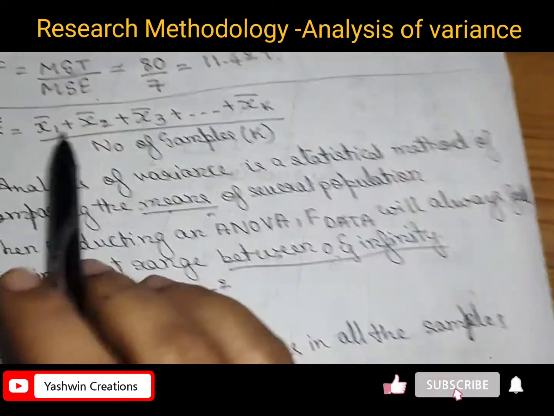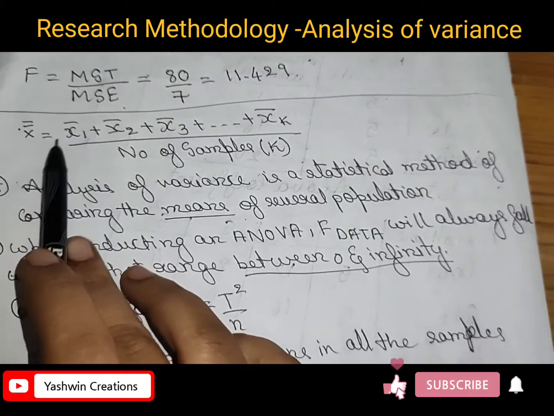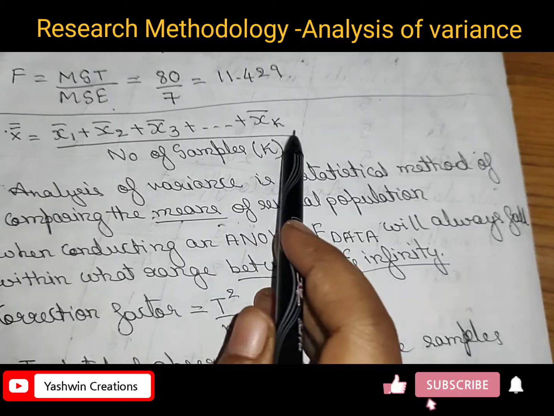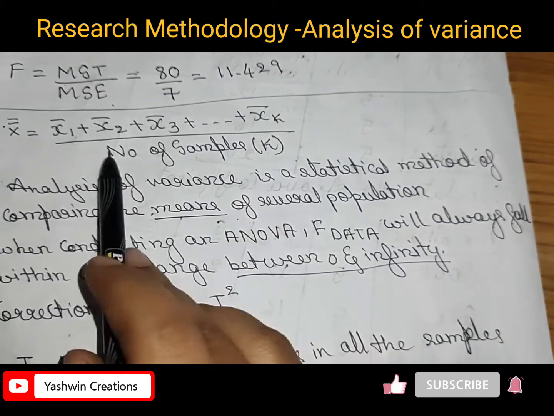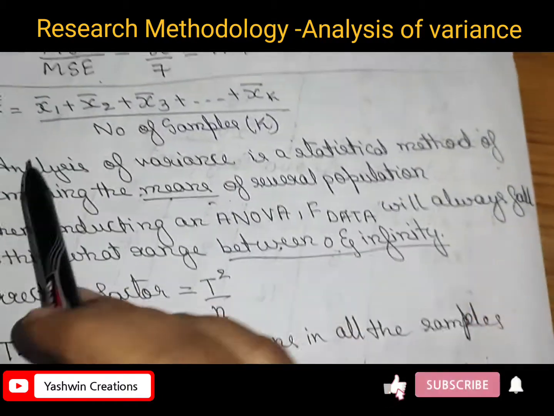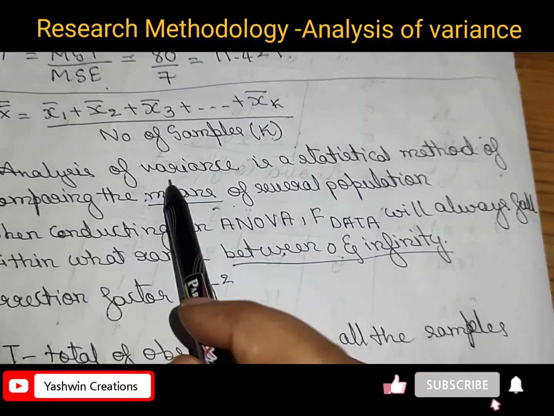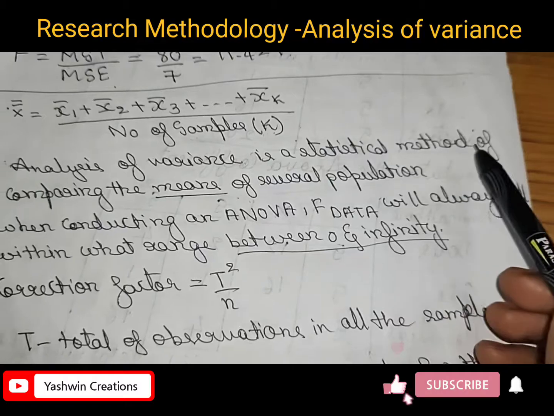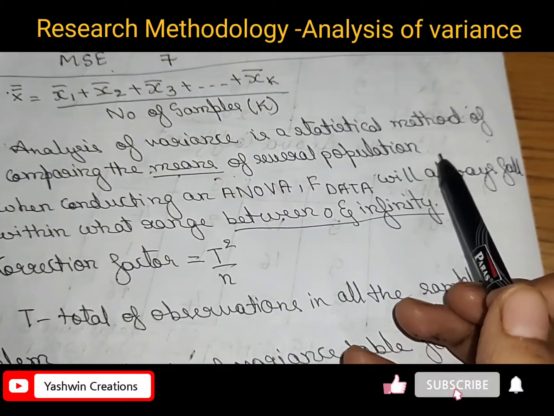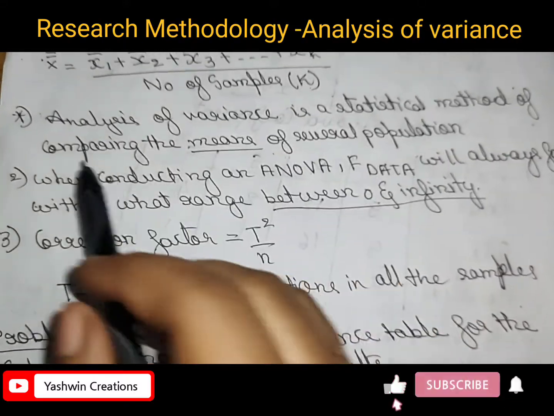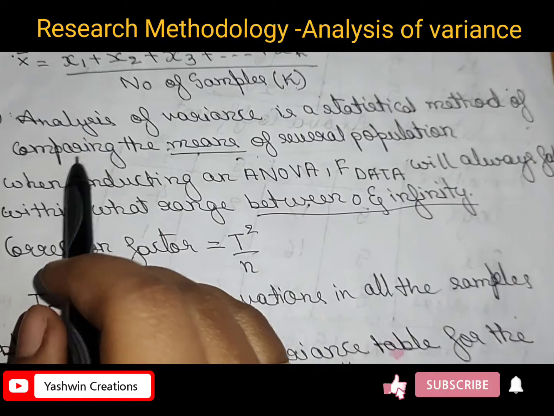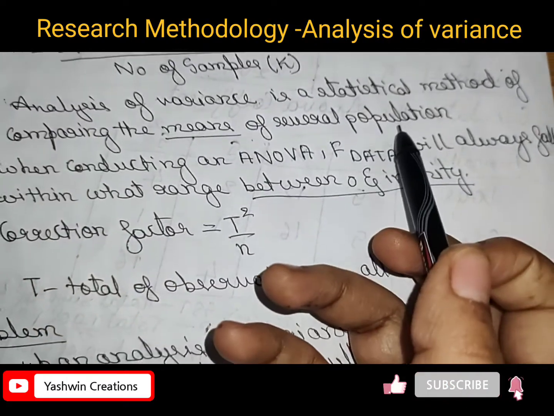Some other formula, that is x double dash means x1 dash plus x2 dash plus x3 dash and so on till xk dash, divided by the number of samples, that is k. And the next one is, analysis of variance is a statistical method of comparing the means of several populations. This is an MCQ question.